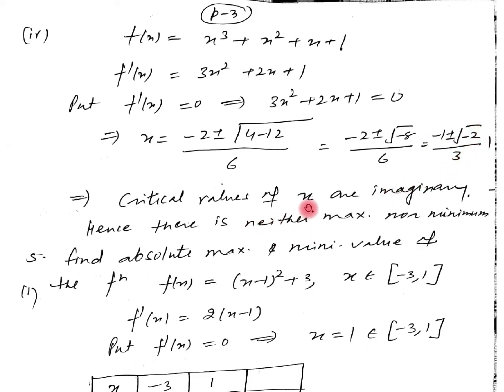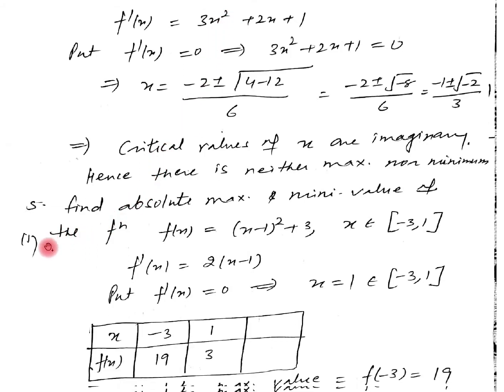Now the critical values of x are imaginary, and our function is a real valued function. Hence there is neither maximum nor minimum value, because the critical point is not existing. So we can't have maximum or minimum value of the given function.